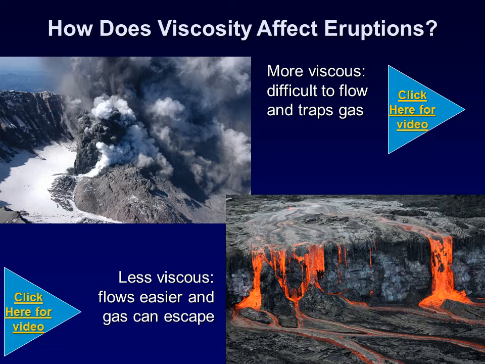Okay, less viscous would be water or any sort of liquid, or hot maple syrup versus cold maple syrup, which would be more viscous. So it has to do not only with composition, what it's made of, but it also has to do with temperature. So as you increase the temperature, you can create less viscosity.